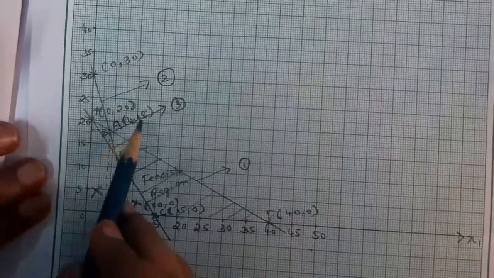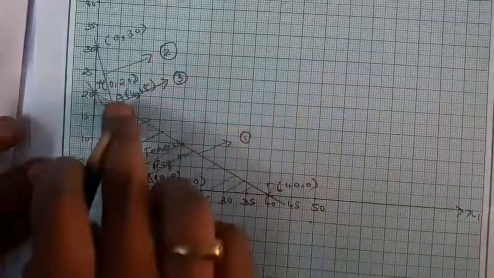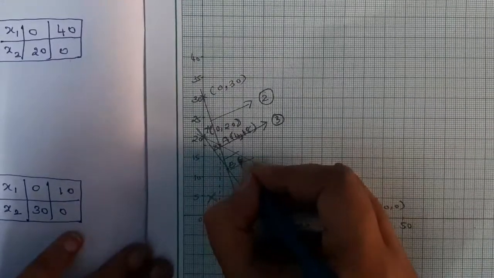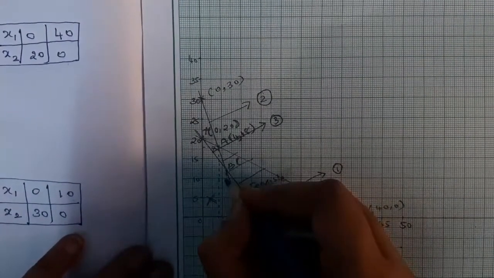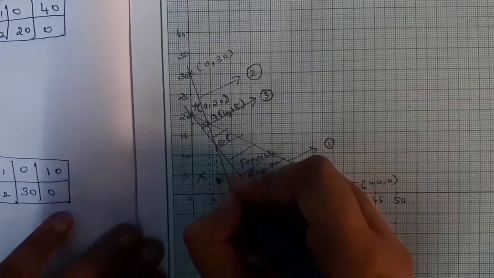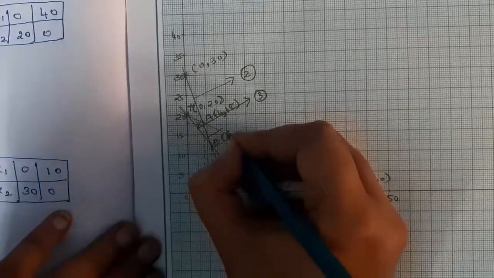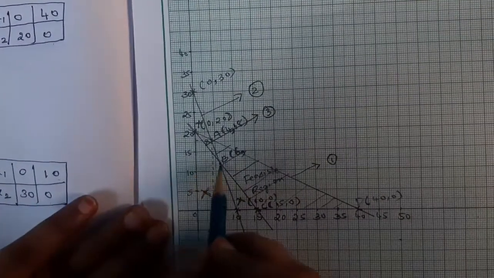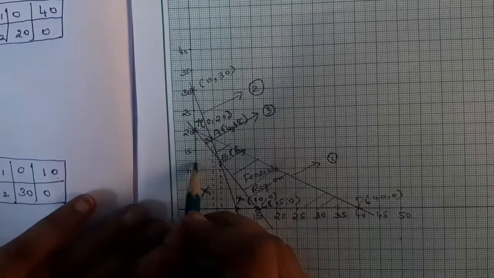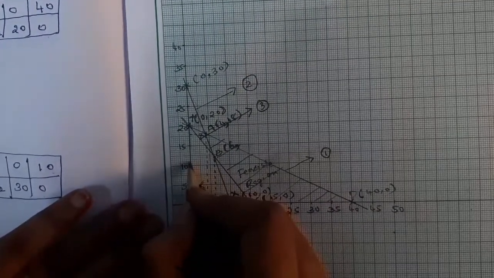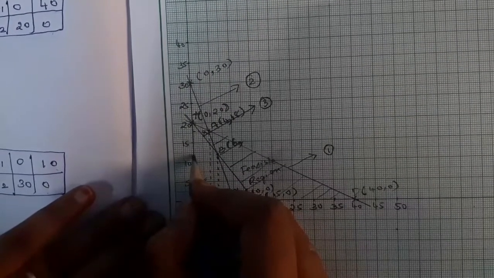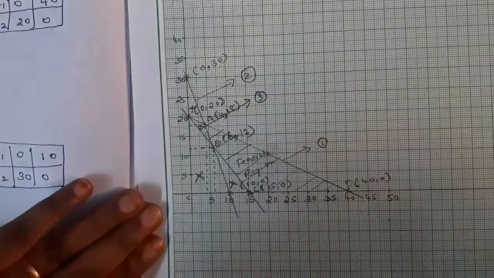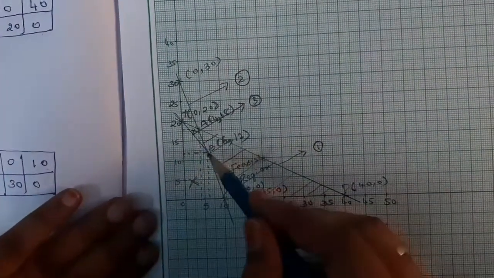So (4, 18) is the value for corner point A. Now let us find the value for B. Towards the x1 axis, I am getting 6 as the x1 value, and I am getting 12 as the x2 value. So x1 is 6 and x2 is 12 for the point B.